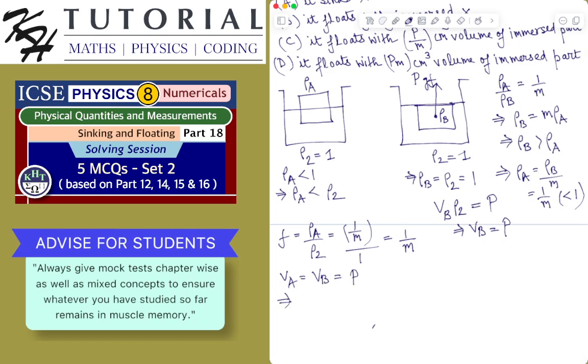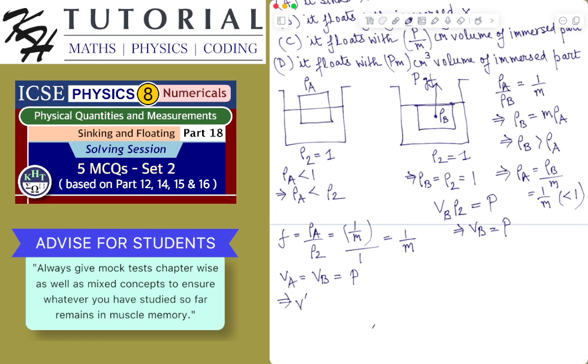if the fraction of the part of the body A which is immersed in the water is 1 by M, this implies the volume of that is V dash. By V dash I always denote the volume of the immersed part of the solid in a liquid.